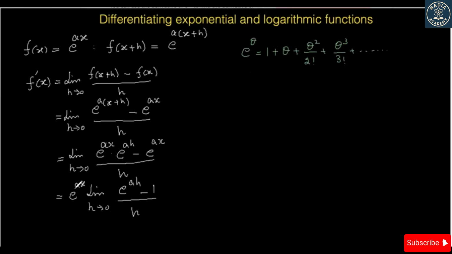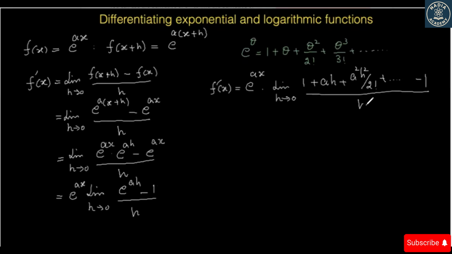If we use this identity in our expression, the derivative of our function is equal to e power ax times the limit as h approaches 0 of 1 plus ah plus a square h square divided by 2 factorial, and the higher order terms, then the last term minus 1, all divided by h.